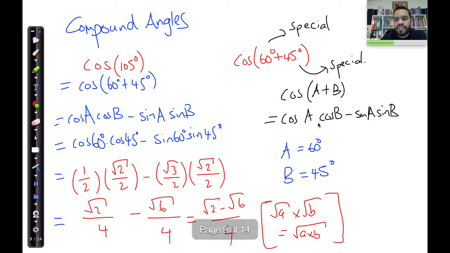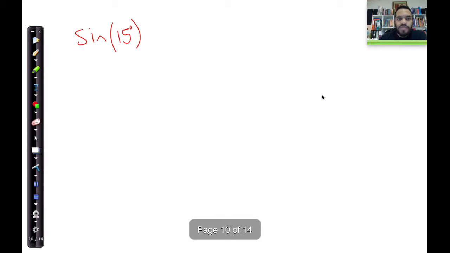Cos A plus B is cos A cos B minus sine A sine B. If I change this to cos A minus B, then it's going to become cos A times cos B plus sine A times sine B. The minus here refers to the plus, and the plus here refers to when that is going to be minus.